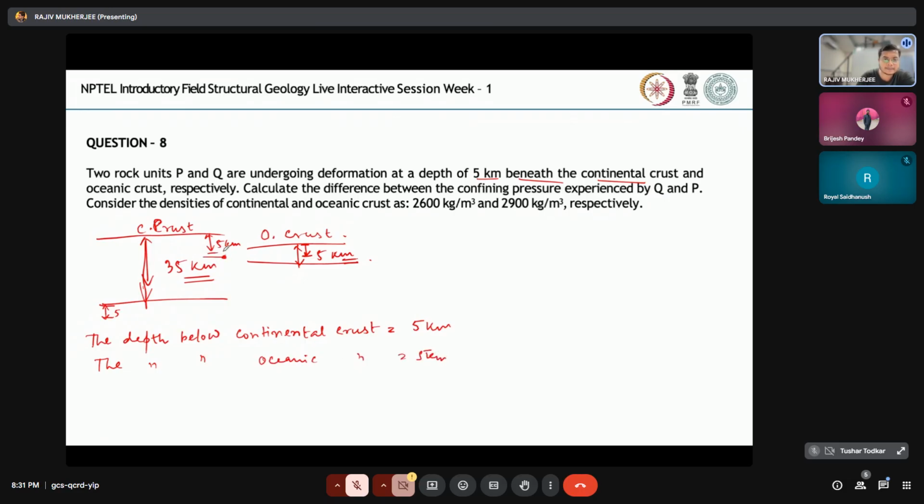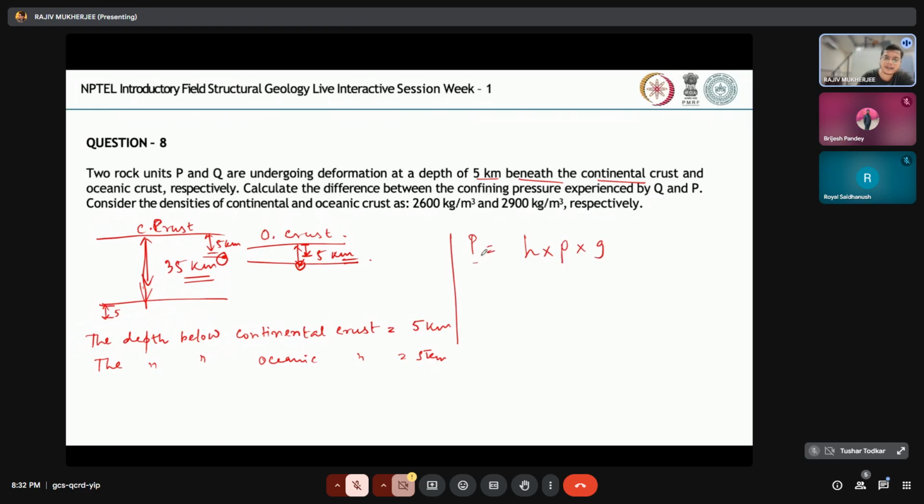So at this point, how much pressure will be experienced in terms of the thickness of the material and its density? We know that pressure can be calculated as the thickness h times the density times the acceleration due to gravity. So h rho g is the pressure, right?